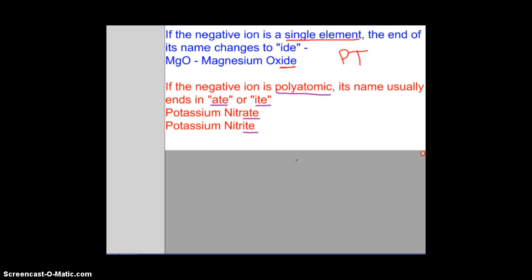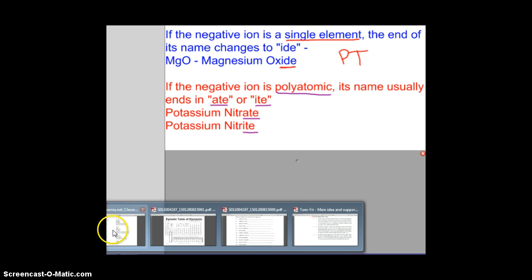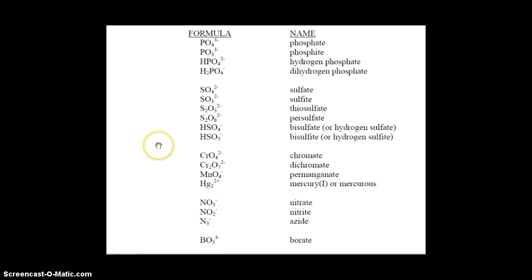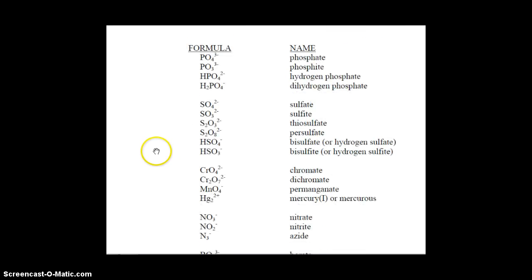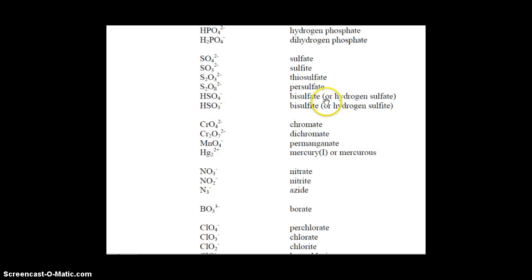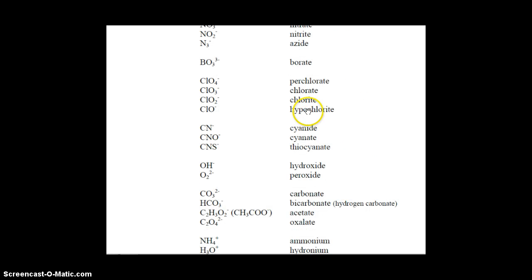So instead of making you memorize this, on the back of your periodic table, you should have a sheet that looks something like this. These are all examples of polyatomic ions. If you look, phosphate, phosphite, sulfate, sulfite, they all end in ate or ite. Now I can't say that's true for all of them. There are a few exceptions, and you're more than welcome to circle these, and that's what I would do if I were you.